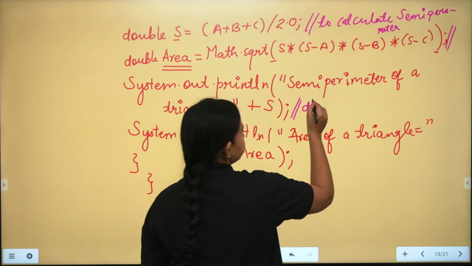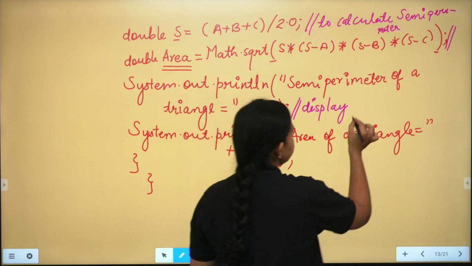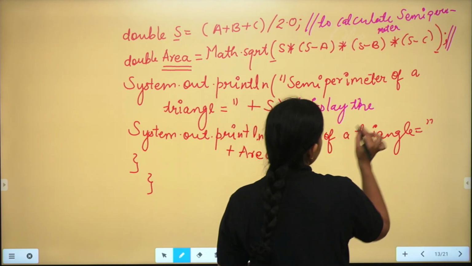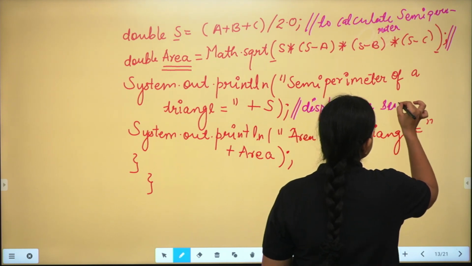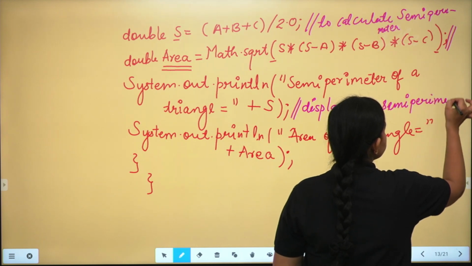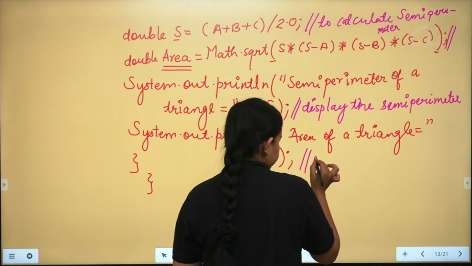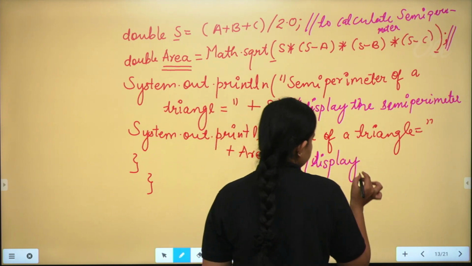Display or print. You can choose any of the words over here. Display the what? Semi-perimeter. And at last, display area.